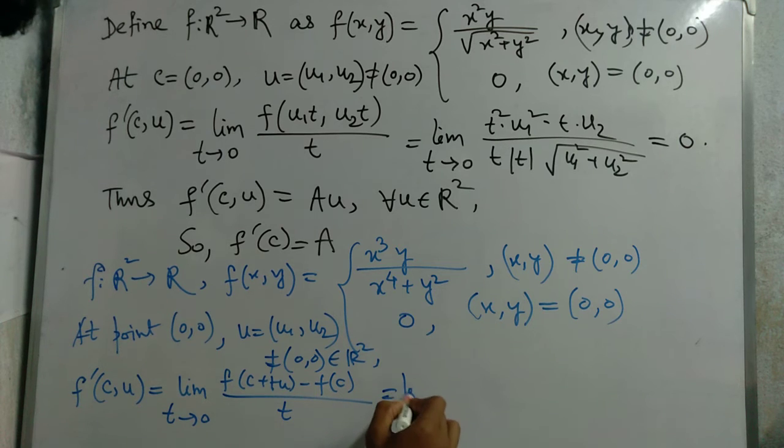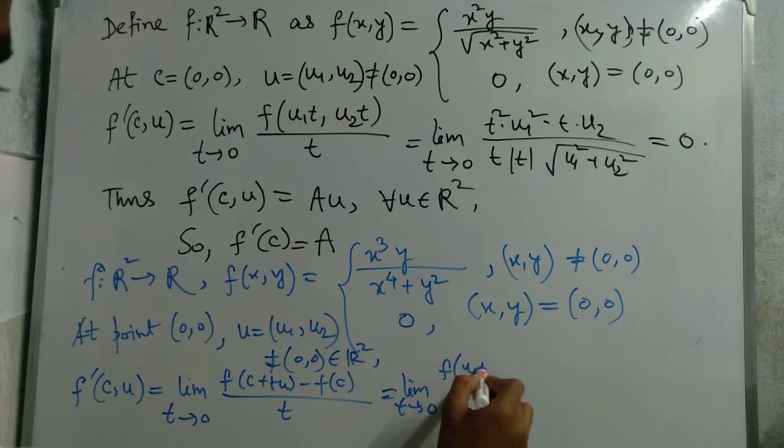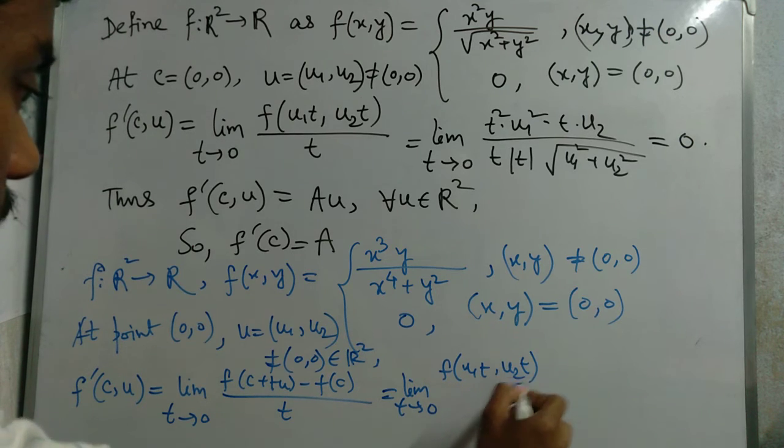This one equals the limit as t tends to 0 of f(u1 t, u2 t) divided by t.